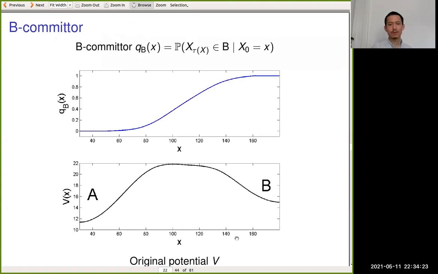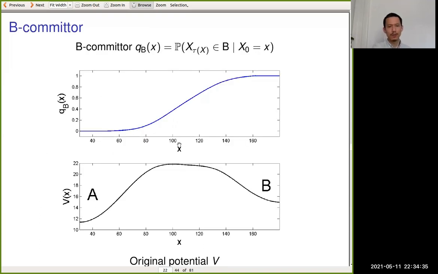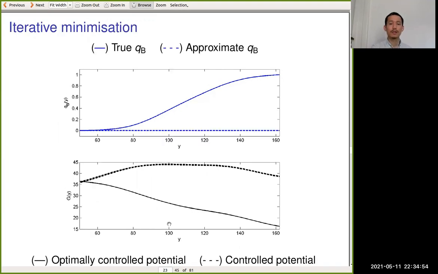Why is this important? Well, I'll just show you a toy model of what happens when we use gradient descent and when the conditional free energy that we are interested in is related to the committor by this formula. You recall, this is a slide you've seen before. The top is the graph of the B committor, the bottom is the original potential V, and we have a basin of low energy at A and a basin of low energy at B. And we're interested in the probability of hitting B before A, given that we start at some point X. Okay, so we're going to use gradient descent to solve this.